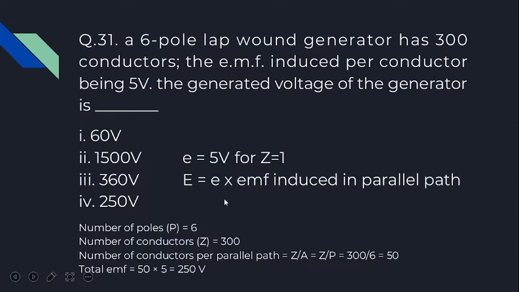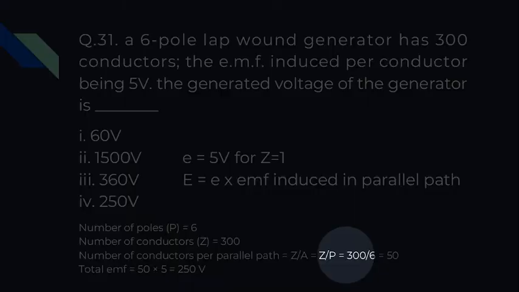So I have mentioned here that the number of conductors per parallel path will be equal to Z by A. You should not calculate it for overall conductors. You should calculate it for the conductors in that one parallel path. So Z by A is nothing but 300 by P, because A is equal to P. So 300 by 6, and that result is 50.